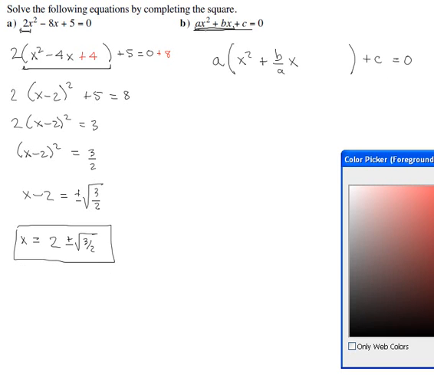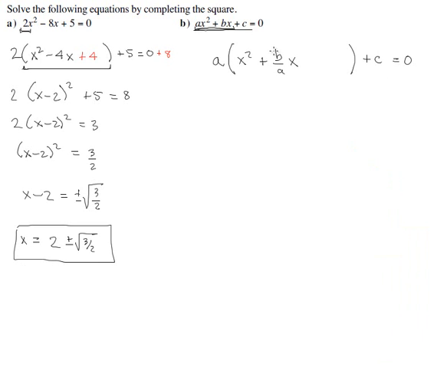Now, fractions start happening. If you take b over a, and you divide it by 2, that's the same as b over a times 1/2, so it becomes b over 2a. So we take this, we cut it in half, we get b over 2a, then we square it, and we get b squared over 4a squared.